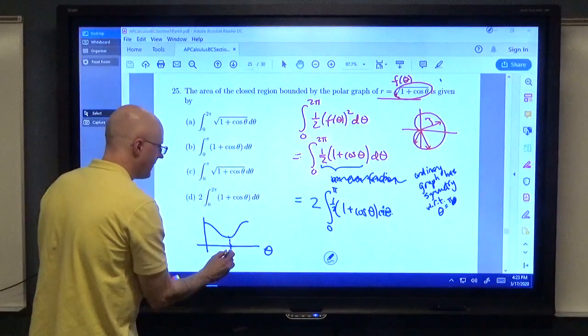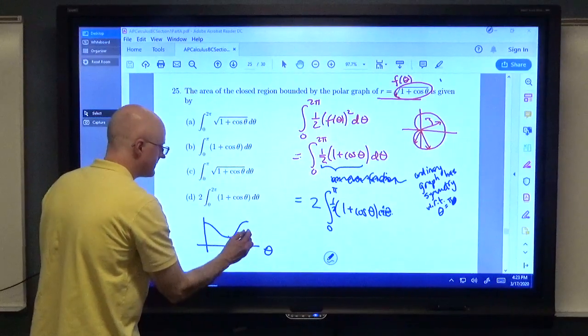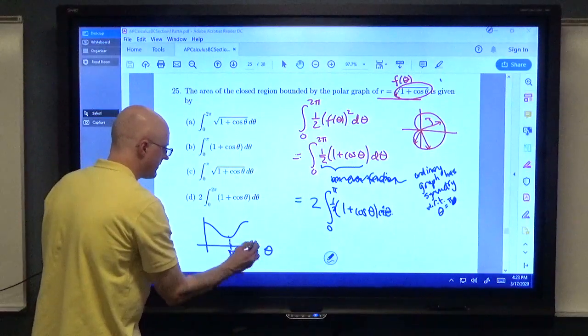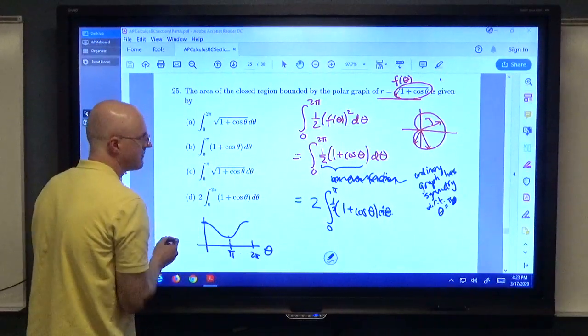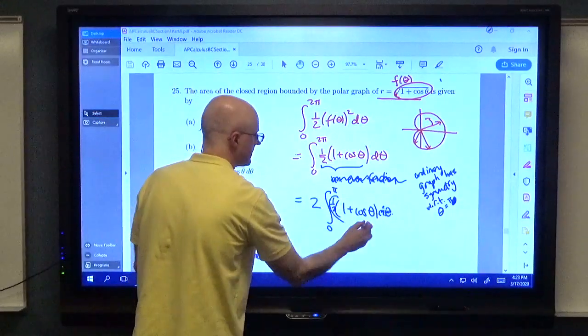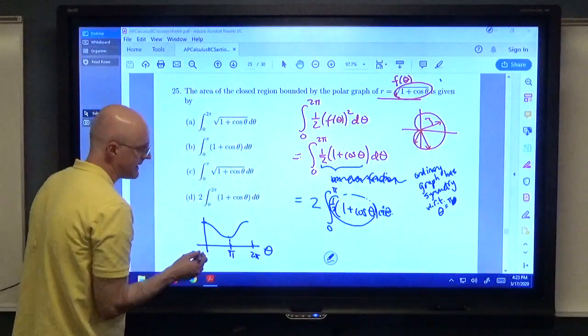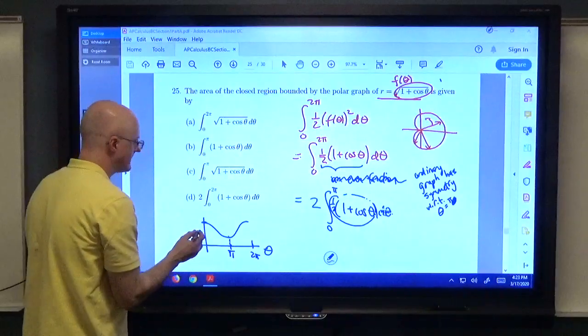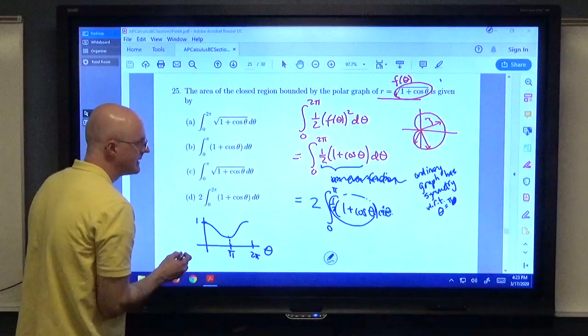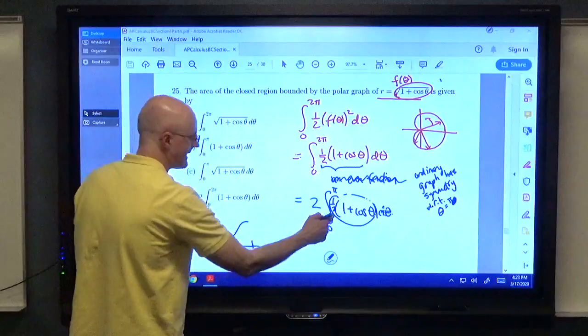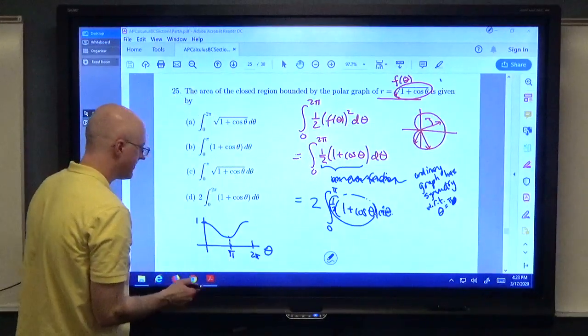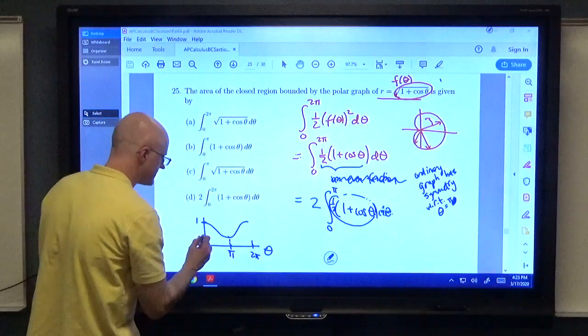This is going to be pi right here. This is going to be 2 pi right here. Its maximum value, I'm talking about this function here, is when theta equals 0. It's 1 here. Its minimum value is when theta is pi, and that means I'm actually not graphing it accurately. The theta axis is actually up here.